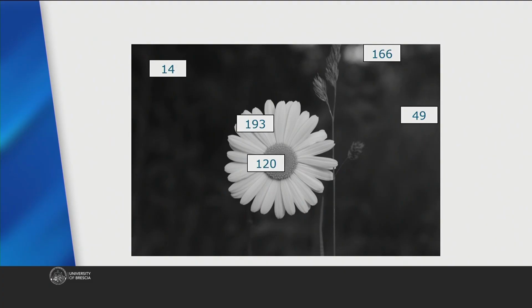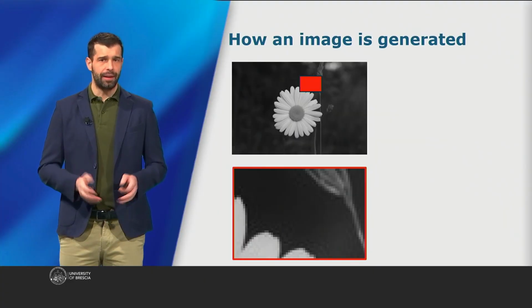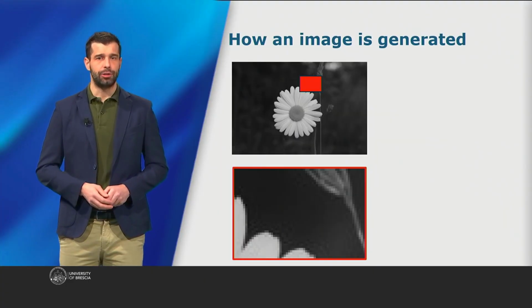Let's remember that we're still talking about non-color images for now. For example, areas of the image that tend toward white will correspond to numbers that approach 255. Areas that instead tend toward black will correspond to numbers that approach 0. In between, I'll have all the possible shades of gray. This applies to every pixel in the image.